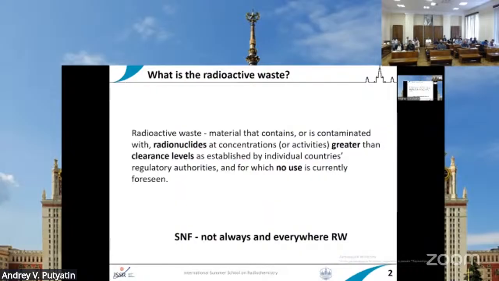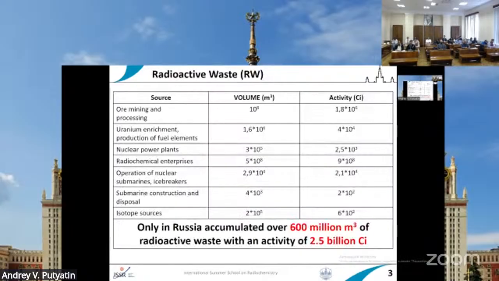As we saw yesterday, spent nuclear fuel is not always considered radioactive waste. If we are talking about the closed nuclear fuel cycle, then spent nuclear fuel is not radioactive waste. Anyway, this is an example of the sources of radioactive waste with their volumes and activity.